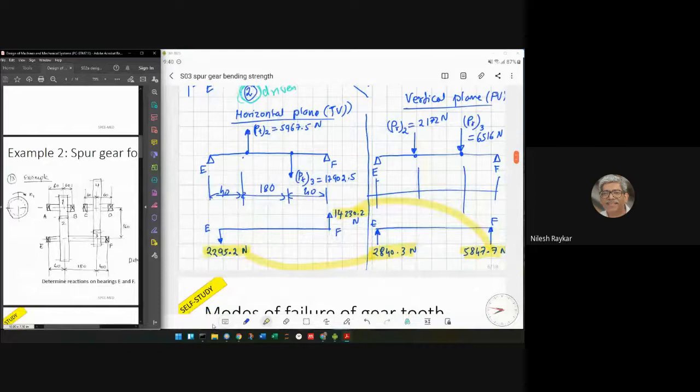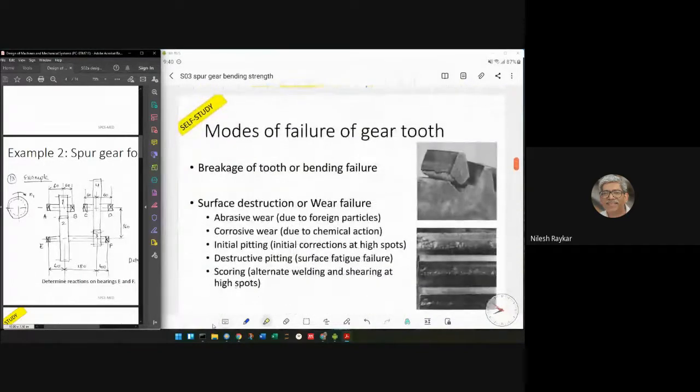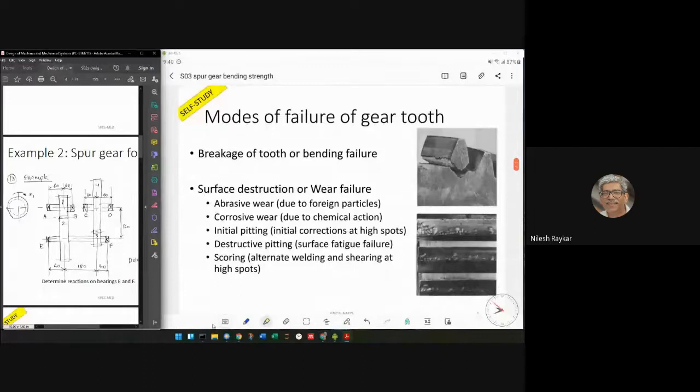Okay, so next, let's move ahead. So the modes of failure of the gear. There is some reading material in the textbook which I want you to go through. Just to highlight, the two major modes of failure of the gear tooth are breakage because of bending, and second, wear failure or surface destruction.